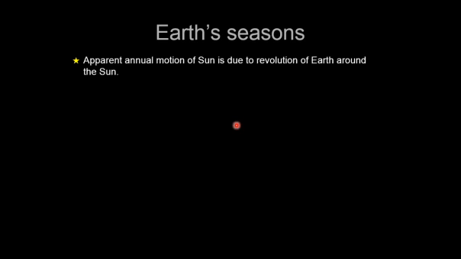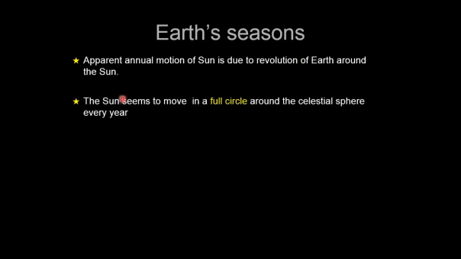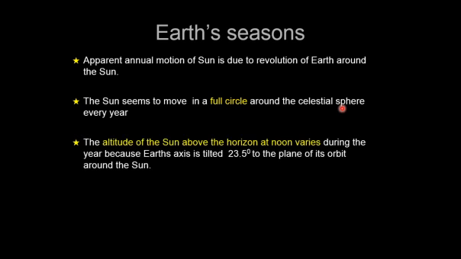It is because of the apparent annual motion of the sun, that is due to the revolution of Earth around the sun. You know that Earth is revolving around the sun in a year, but what we feel is that the sun seems to move in a full circle around the Earth, or in the celestial sphere, every year.